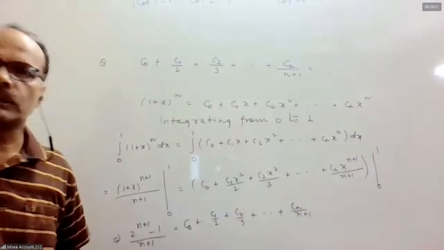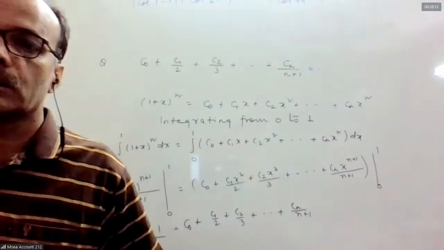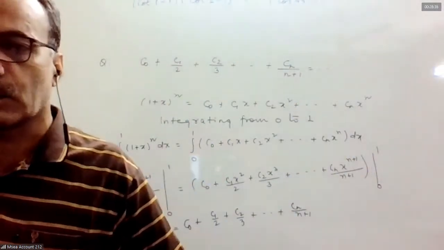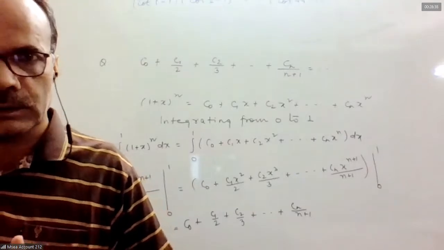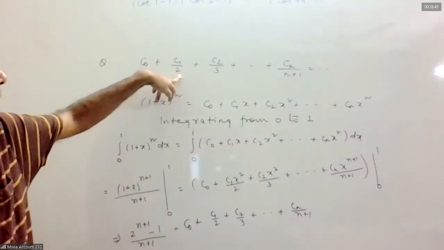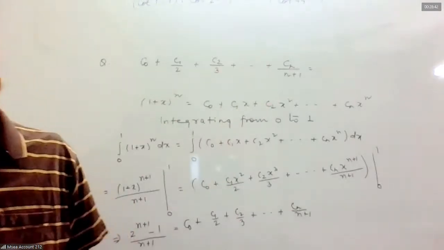Okay. So whenever the binomial coefficients are multiplied by some constant, we have to differentiate. When binomial coefficients are divided by some constant, we have to integrate.